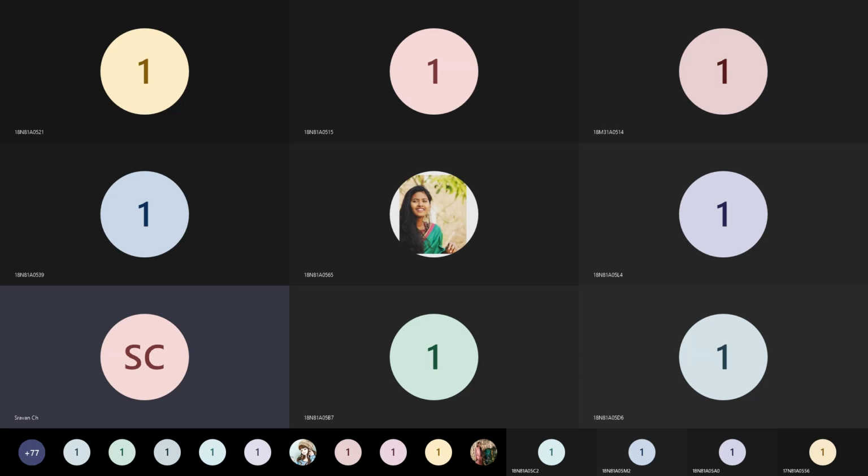So friends, the neural network will look like this. Depending upon the number of inputs, the input neurons will be decided. So here we use the word neural network.